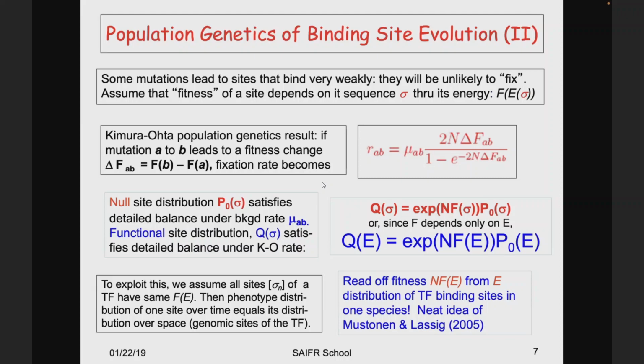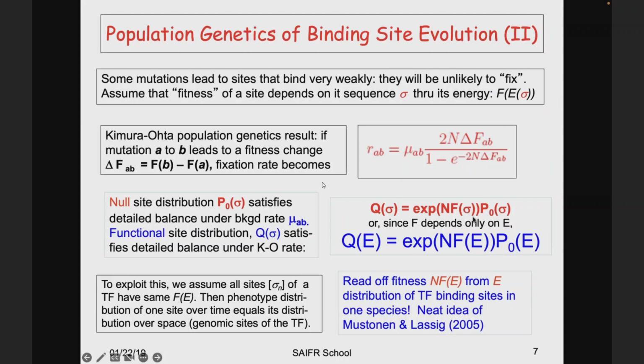Okay, we know the binding energy as a function of sequence. We hypothesize, and it's a reasonable one given what we've seen, that the fitness depends only on one thing, the binding energy. That depends on sequence, and in a way we know. But can we figure out what the dependence of the fitness is on energy? That's a function of a single variable. Can we read it off from anything? Well, yes, you can.